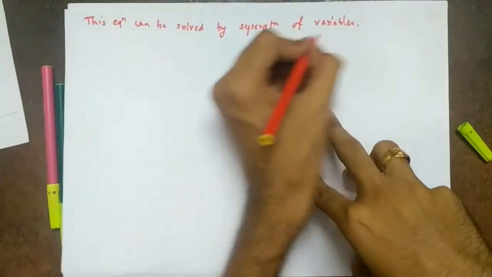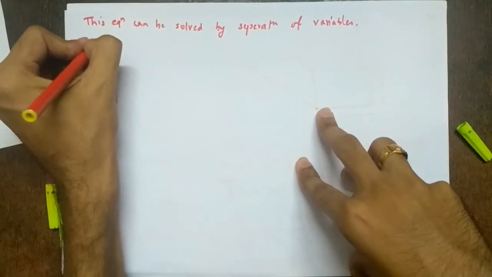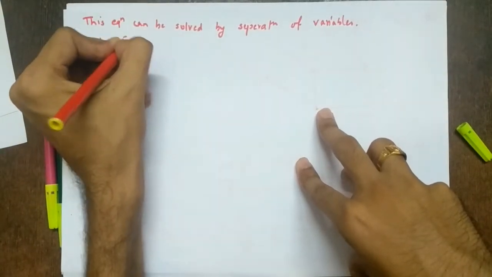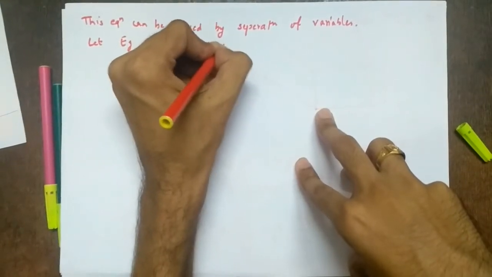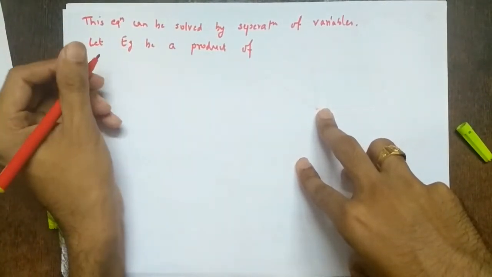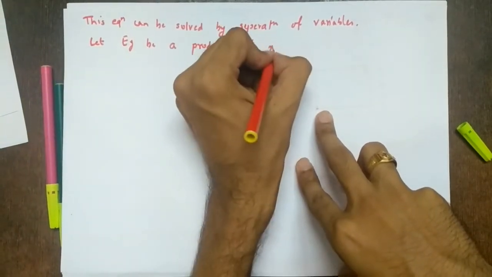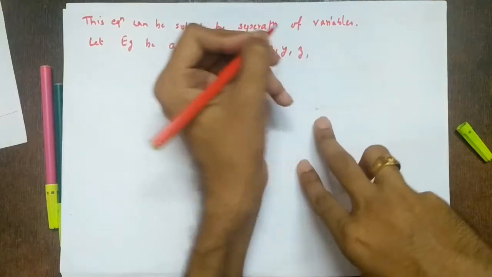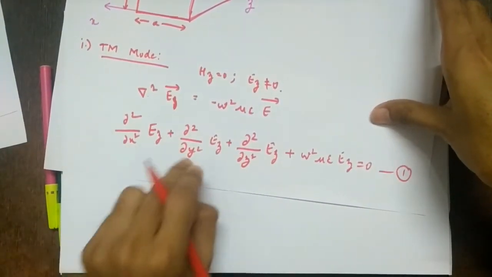So we might have studied separation of variables method in mathematics. We say let Ez be a product of X, Y, Z. Why we know it should be a product of X, Y, Z? Because obviously Ez is dependent on these variables x, y, and z.